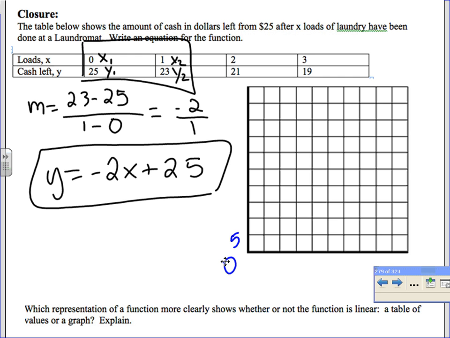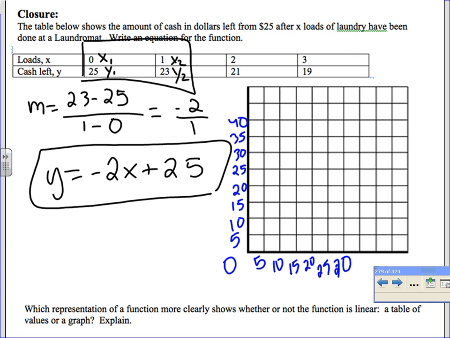So let's scale that. 5, 10, 15, 20, 25, 30, 35, 40. I'm just going to go up to 40. And let's also do by 5s on the x. And you can choose, it could be different, it does not have to be by 5s.